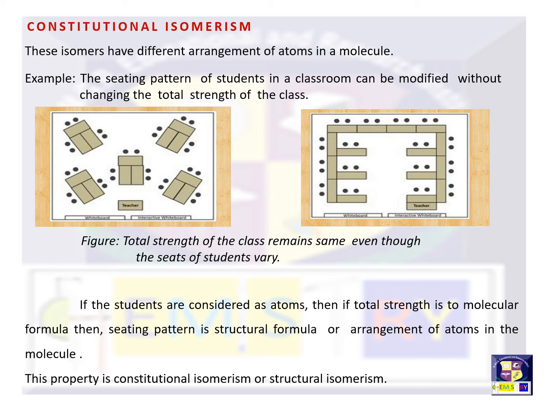The number of students, teachers, benches and tables is the same. Only the arrangement differs. So this is a good example of constitutional isomerism. If the students are considered as atoms, then the total strength is the molecular formula, and the seating pattern is the structural formula, or arrangement of atoms in the molecule. This property is called constitutional or structural isomerism, and the compounds that possess it are called constitutional isomers or structural isomers.